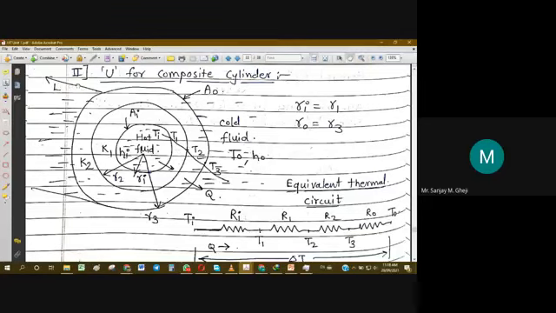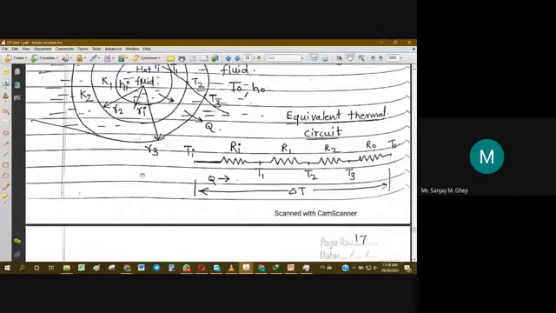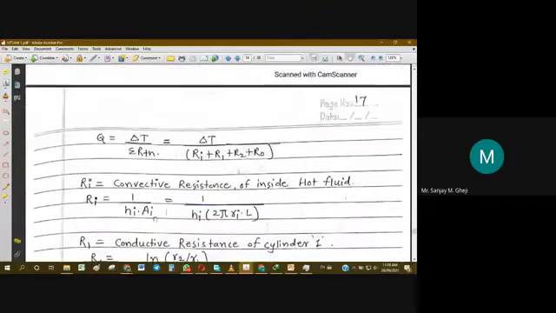The length of the entire tube will be the same for all layers. The formula is 2 pi r l, or using diameter, pi d into l. The same will be used here.